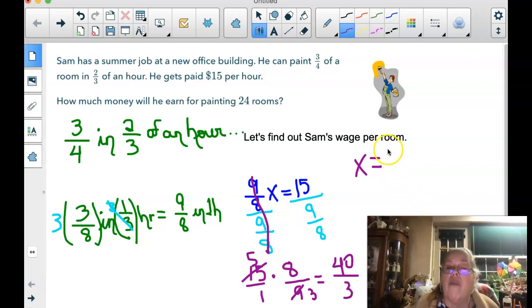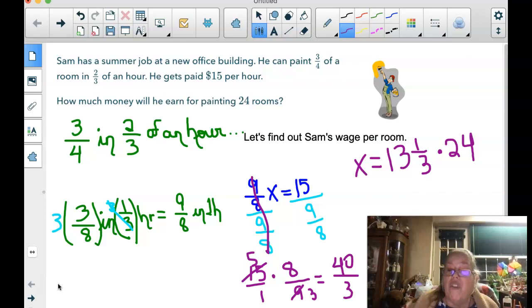Okay? So watch. He gets 13 1/3 dollars per room. Okay? Because that's what our X is. X is 13 1/3. And now multiply that by 24. Okay, everybody do that on your calculators. 13 1/3 times 24.